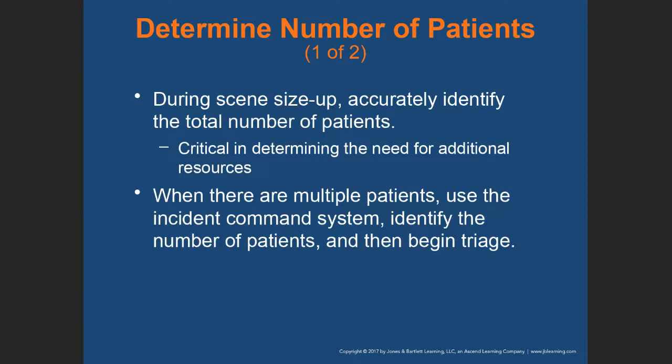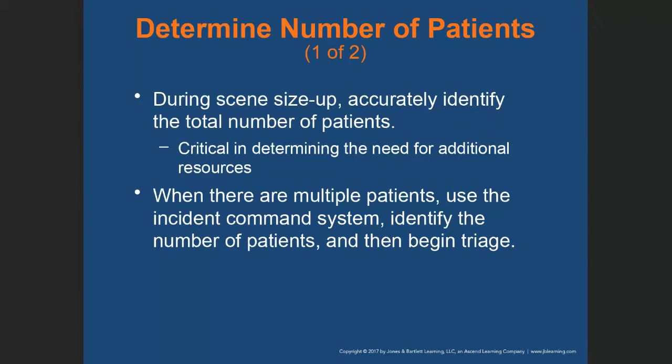Now, after considering our personal protective equipment, we also need to determine the number of patients. So far, we have looked at the safety of the scene, the mechanism of injury or nature of illness, standard PPE, and how many patients we have on location.